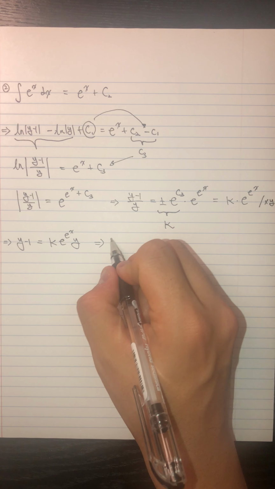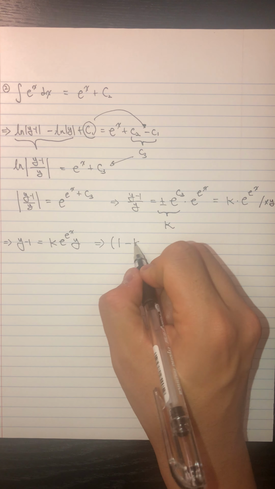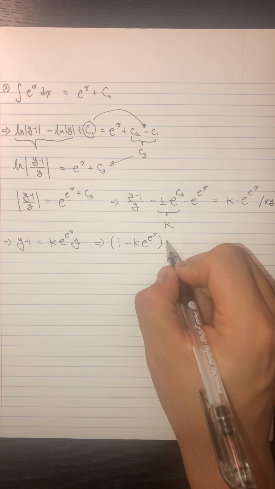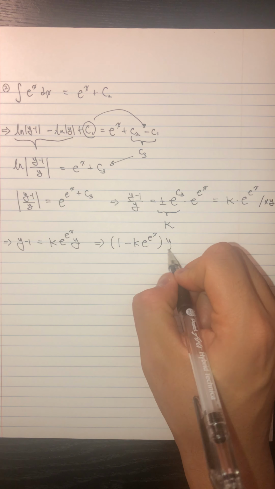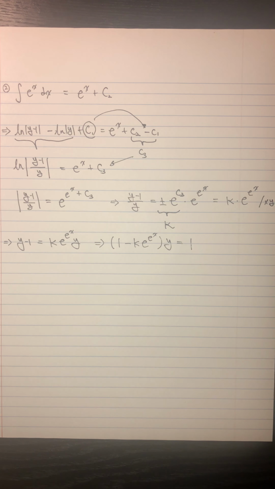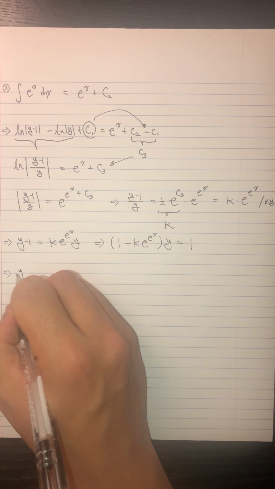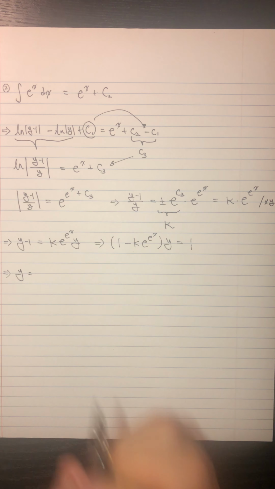So we can rewrite 1 minus k exponential x y equal to 1. Moving this term over, y equal to 1 over (1 minus k exponential x).